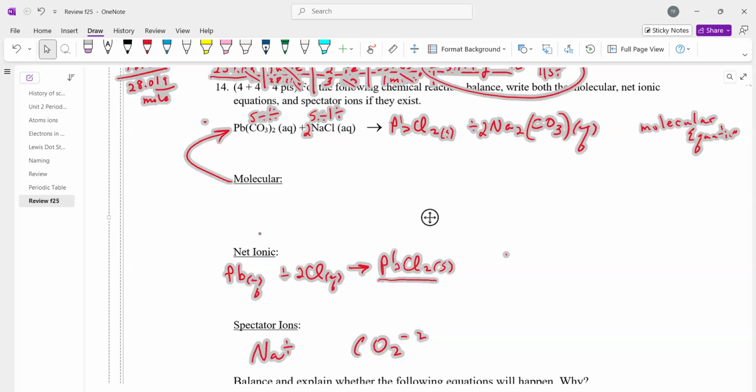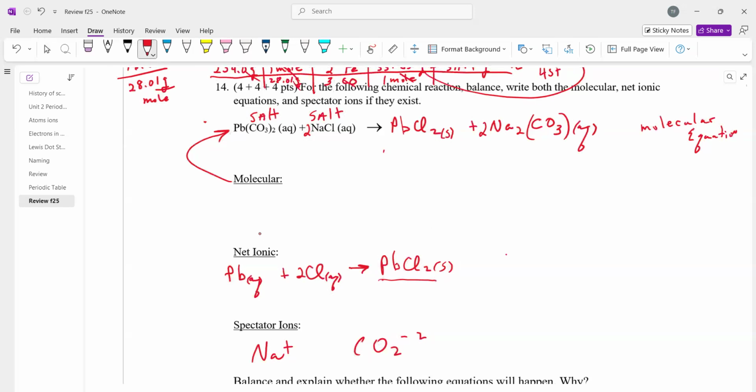Okay, so let's go Pbs, CO3s, Na, and Cls. Okay, so we've got one Pb on the left, one on the right, two CO3s on the left, two on the right, two Nas.